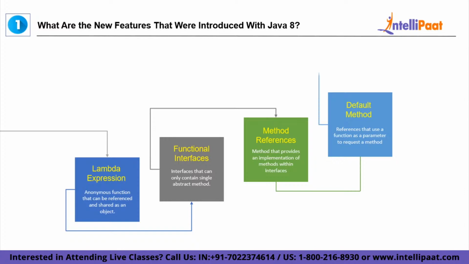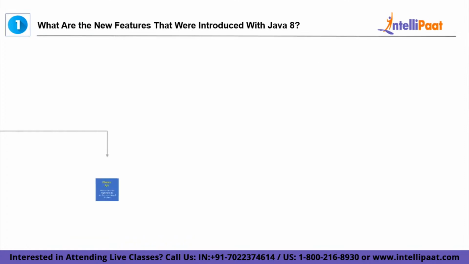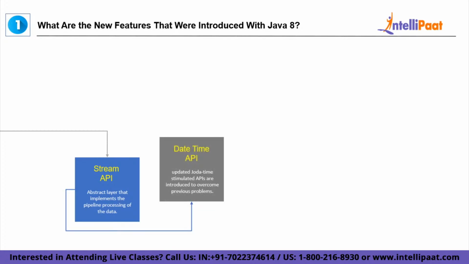Next up is Stream API. The Java Stream API is an abstract layer that implements the pipeline processing of the data. The sixth feature that Java version 8 adds to the list is Advanced Date Time API. In Java SE 8, the latest updated Joda-Time inspired APIs are introduced to overcome the disadvantages of previous versions.